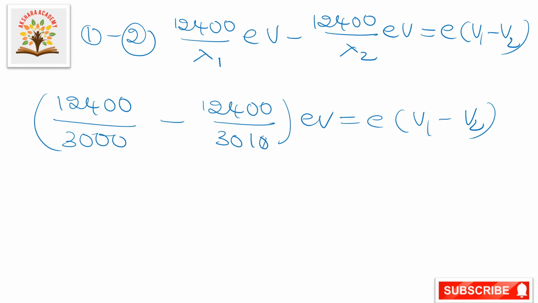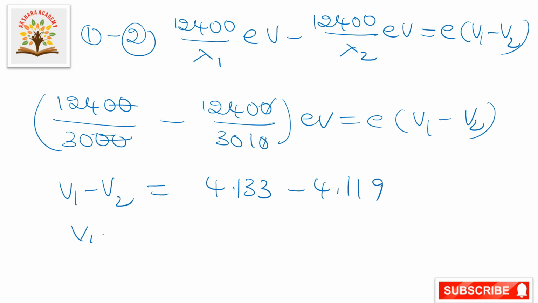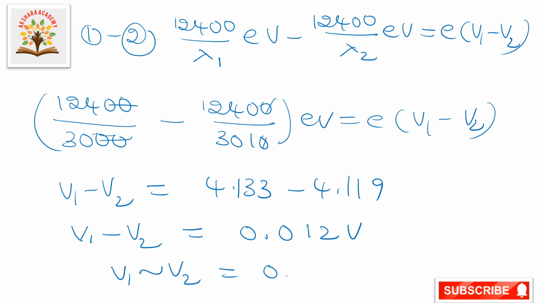Here the zeros cancel. Here V1 minus V2 is equal to, after division, 4.133 minus 4.119. So the change in stopping potential V1 minus V2 is equal to 0.012 volts. This is the final answer. Okay, next we will go to the next question.